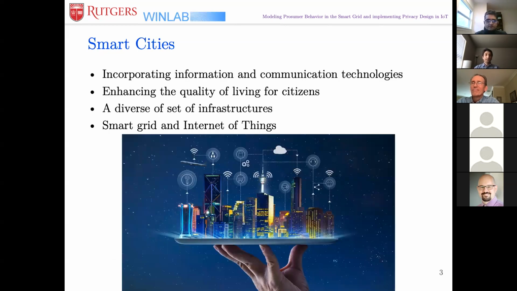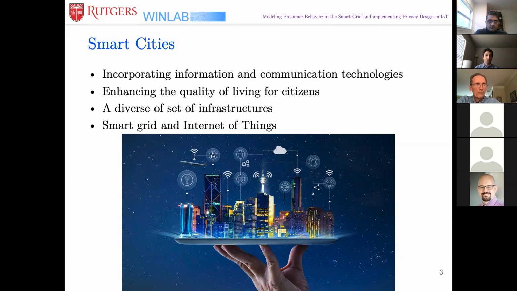A smart city is a title given to a city that incorporates information and communication technologies to enhance the quality and performance of urban services, in order to reduce resource consumption, wastage, and overall costs. Smart cities include a diverse set of infrastructures that are utilized in every aspect of its residents' lives.